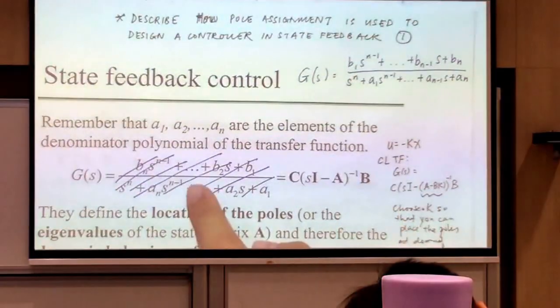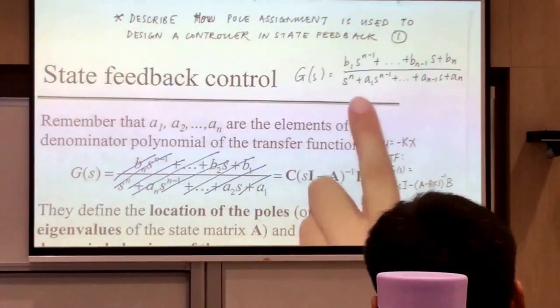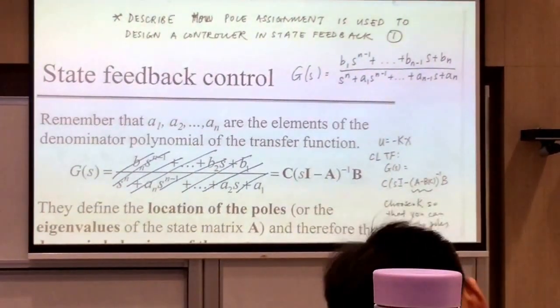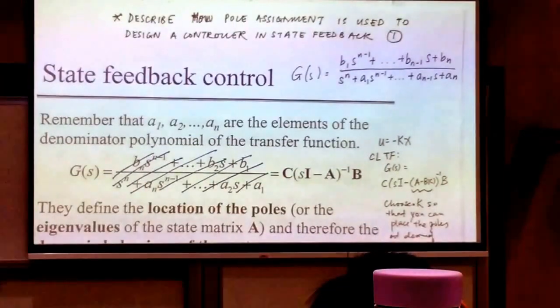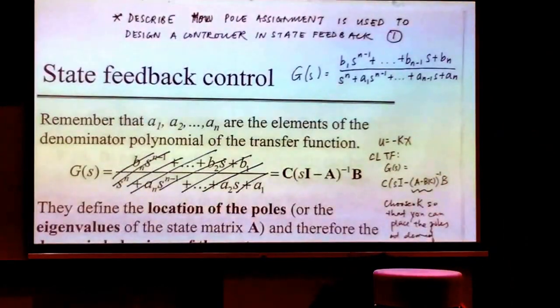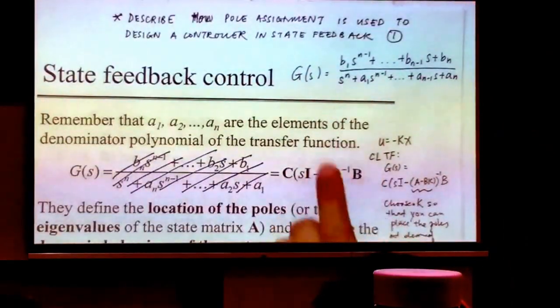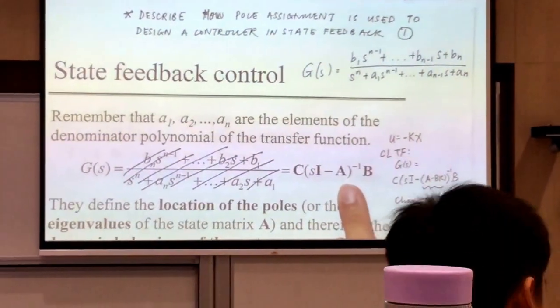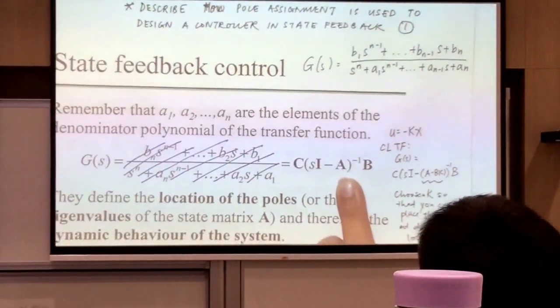Alright, this is wrong, so strike it away and change it to this. And you ought to know how to derive from open loop G(s) into this G(s) format in state space.